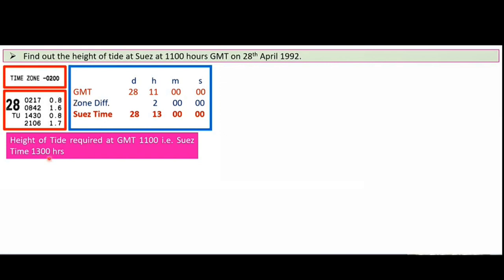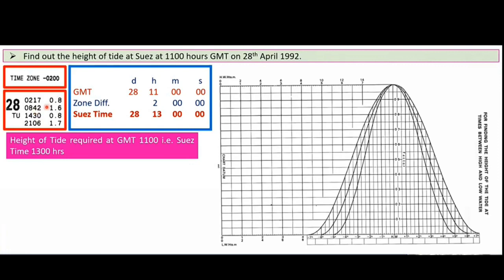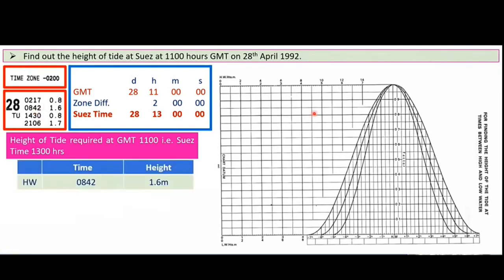Now, since we need it for 1300 hours Suez time, this time shall fall between this high water at 0842 and low water at 1430. So we'll have to basically work out in this period. Now we have this graph diagram which we just discussed.